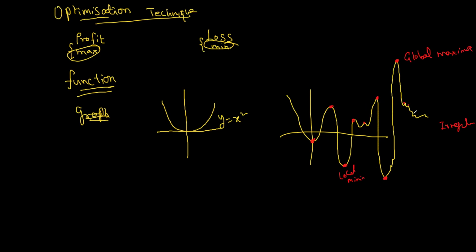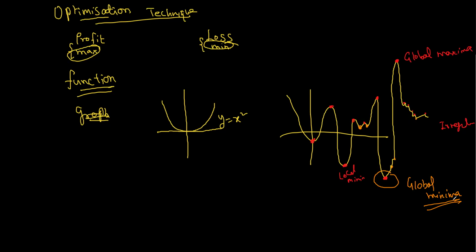So these are local maxima. Understood? And this is local minima. So all the bottom points give minimum value, but the most bottom point gives global minima. In the first chapter, you will learn how to find local minimum and local maximum.